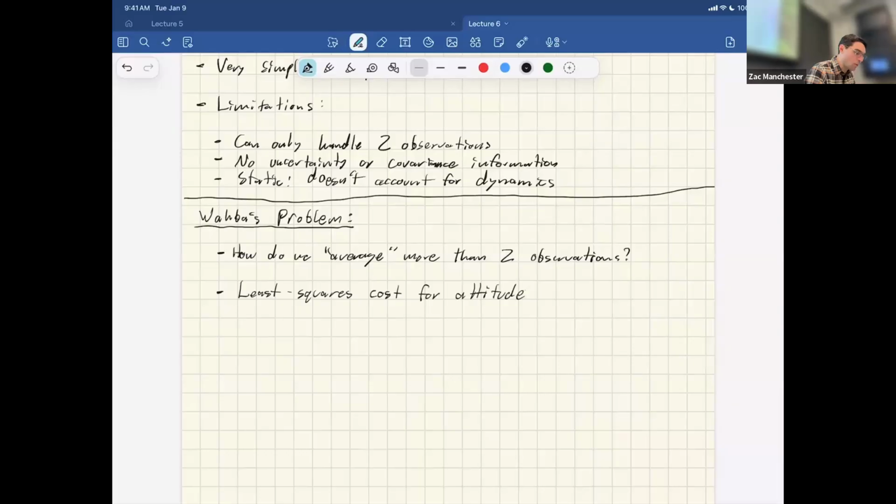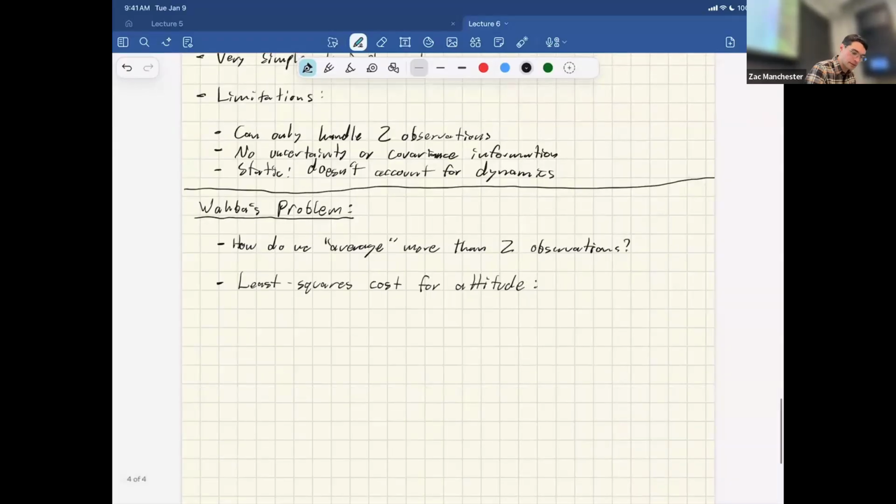This is sometimes called the Wahba loss function, and we're going to call it C. To be clear, it's a function of a rotation matrix Q, and it's a sum over all our observations K. And to be a little more general, we're going to stick this W on the front here, which is a weight. I'll talk about that more in a sec.